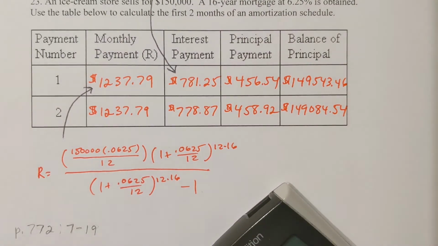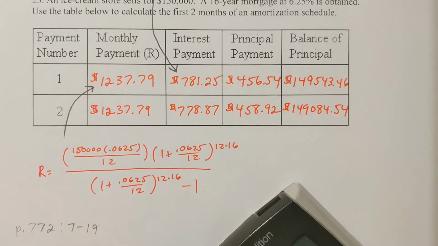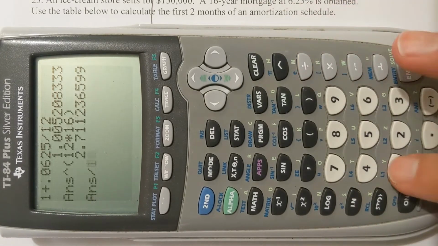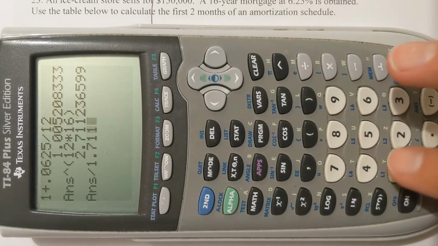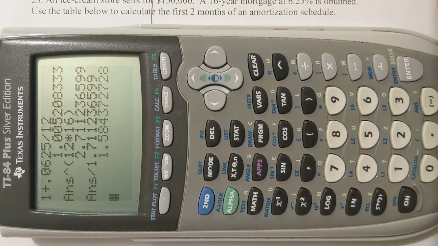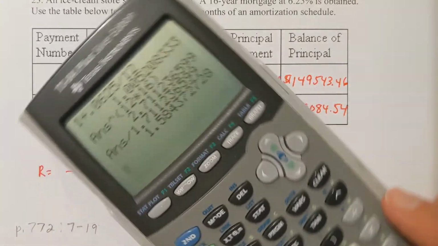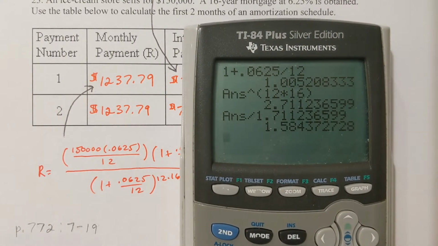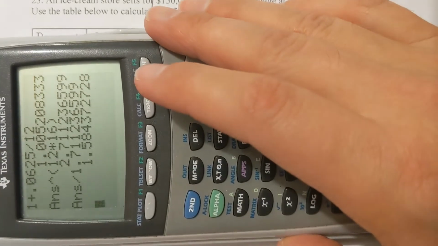Okay, and I'm going to divide by 1 less than that number that I just read you, 1.711236599, and here's where I'm looking at so far.